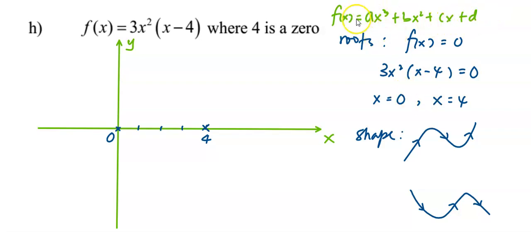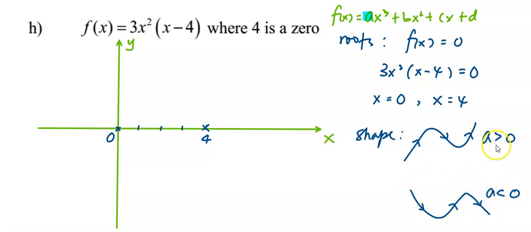So the a value here will determine the shape of the graph. For the first shape, up, down, up, we always have a greater than 0. If a is negative, which is less than 0, then we have the second shape.